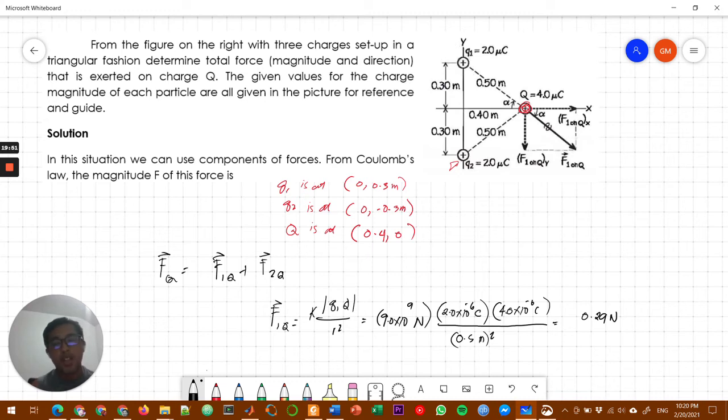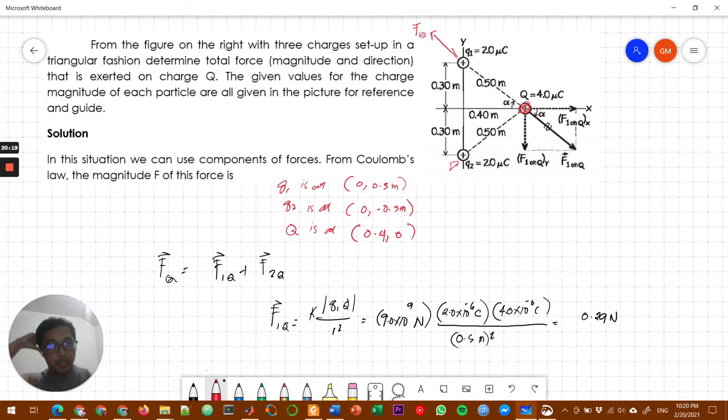Now, what force does Q feel? We have Q1 and Q, and both are positive. Therefore the force felt is repulsion. So the arrow is along the straight line, but diagonal. This would be F1Q.